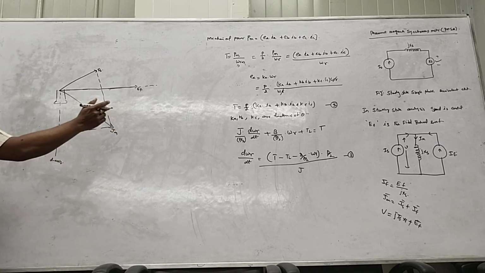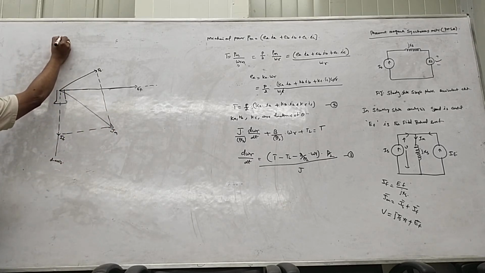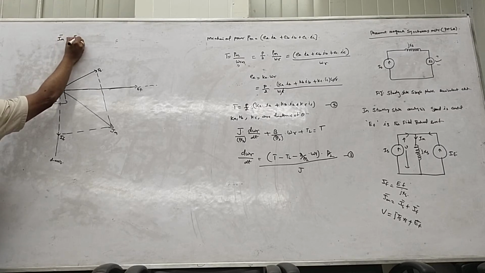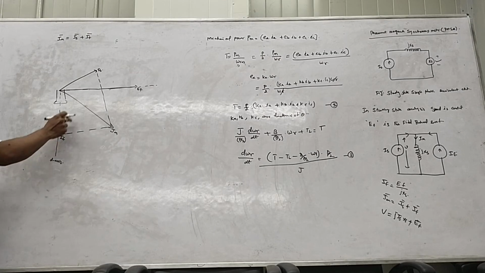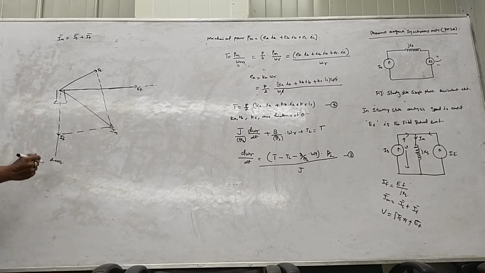Okay, as I explained, the magnetizing current Im is equal to Is plus If, the field current. Here we need to consider that delta is the angle between the voltage and the field current.